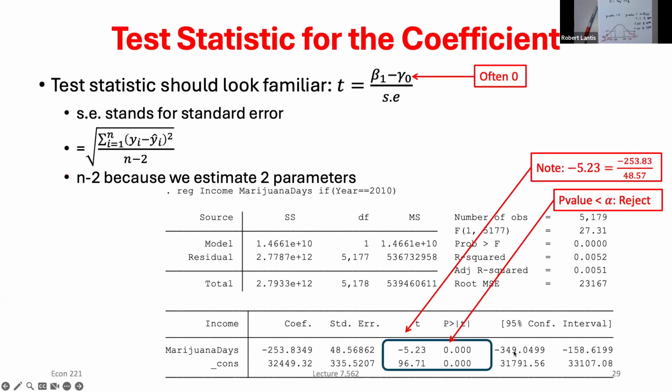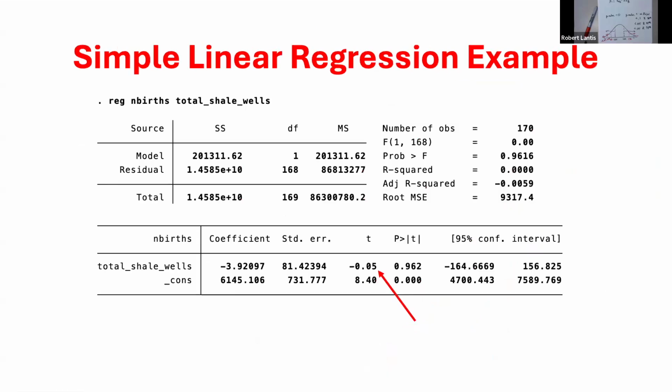So what this is saying with 95% confidence, the relationship between marijuana usage and income is somewhere in between negative 350 to negative 158. Well, one of the values that's not in that range is 0. So this is telling me with 95% confidence, the true slope coefficient is somewhere in this range. If it doesn't include 0, then I can reject 0 as a possibly true value, right?